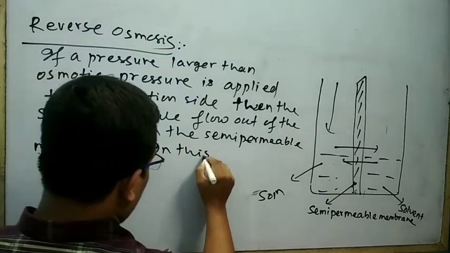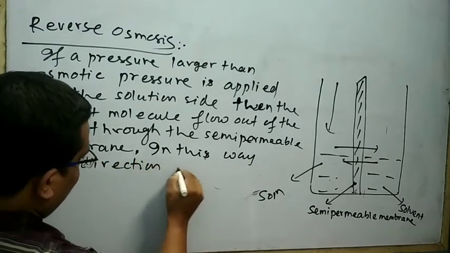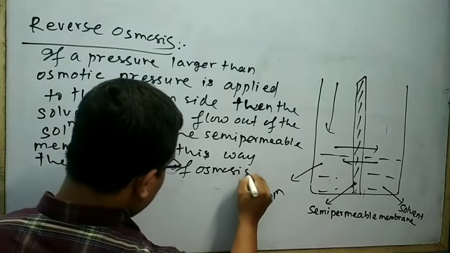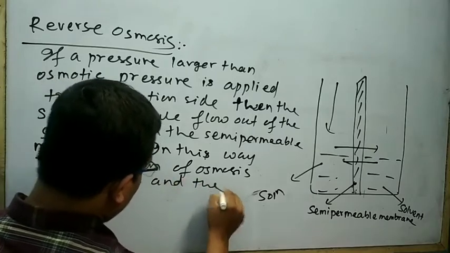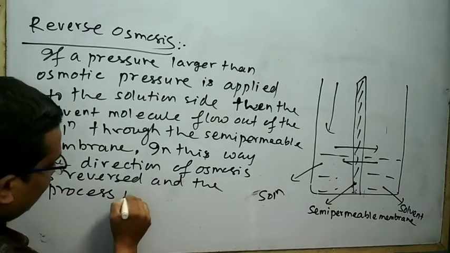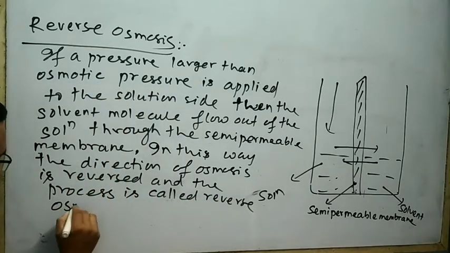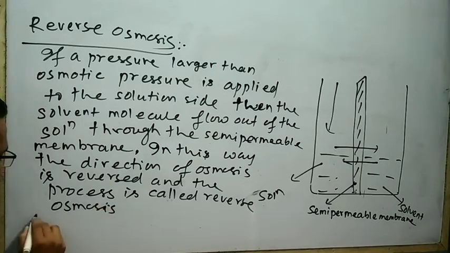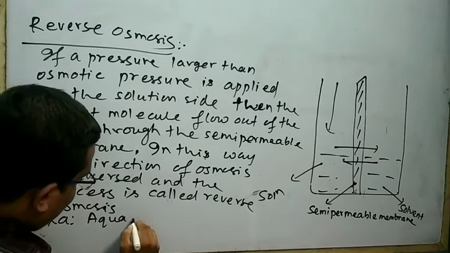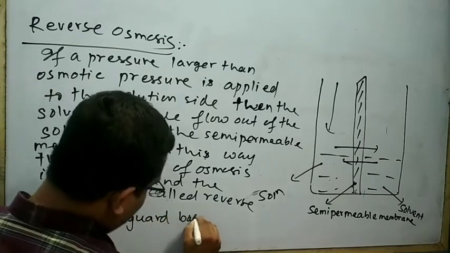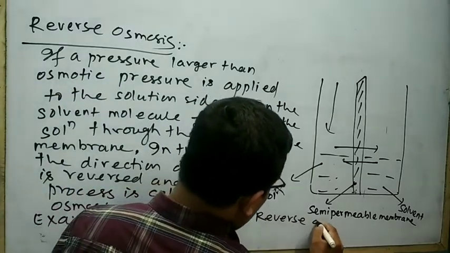In this way, the direction of osmosis is reversed, and the process is called reverse osmosis. An example of reverse osmosis is AquaGuard, which is based upon reverse osmosis.